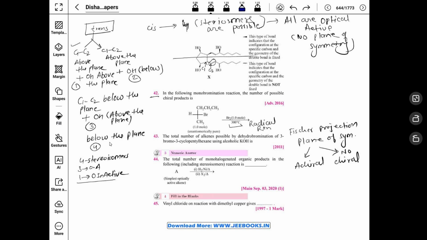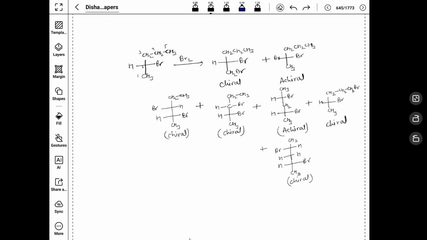So let's draw all possible monobrominated products for this compound. Okay, so these are the possible monobrominated products of this given compound. Let's label the numbering 1, 2, 3, 4, 5 to each carbon. First we are drawing the product by brominating the methyl one. You can see there is only one chiral center, and this compound doesn't have a plane of symmetry, so it is chiral.